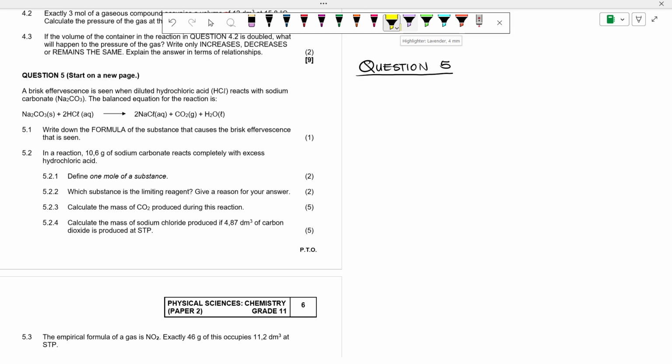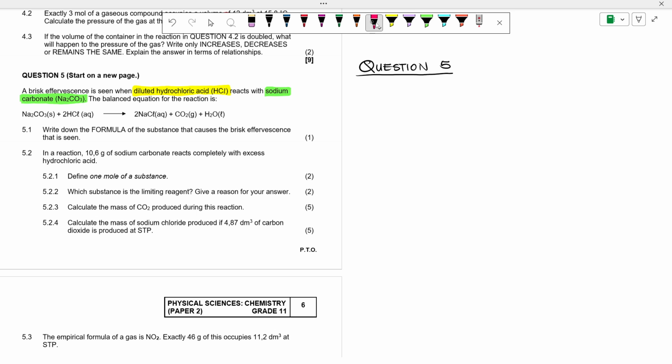It's seen when dilute hydrochloric acid. Maybe there's something that it's going to do with that dilute part. Reacts with sodium carbonate. Sodium carbonate. The balanced equation is this. There's sodium carbonate plus hydrochloric acid, which gives us these products.